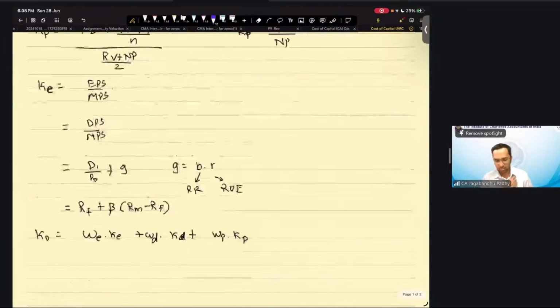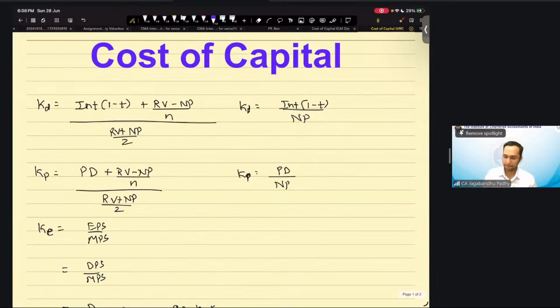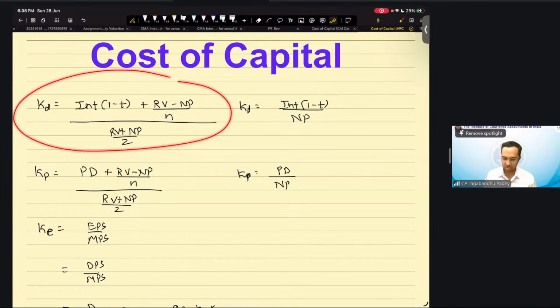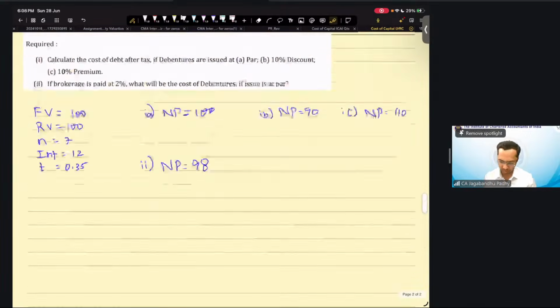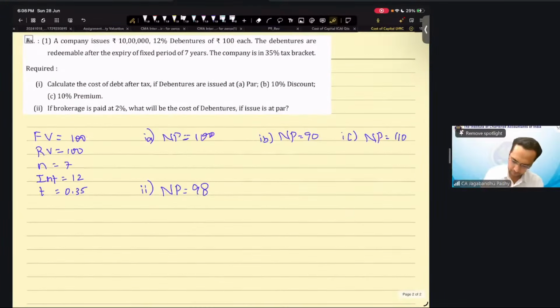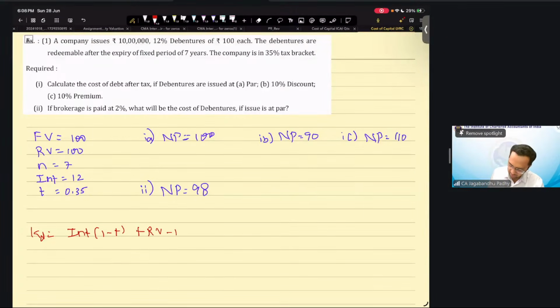Can we calculate the cost of debt using this formula? I'll just write down the formula here. The formula of cost of debt is interest into 1 minus T plus redemption value minus net proceeds upon N, the whole divided by redemption value plus net proceeds by 2.